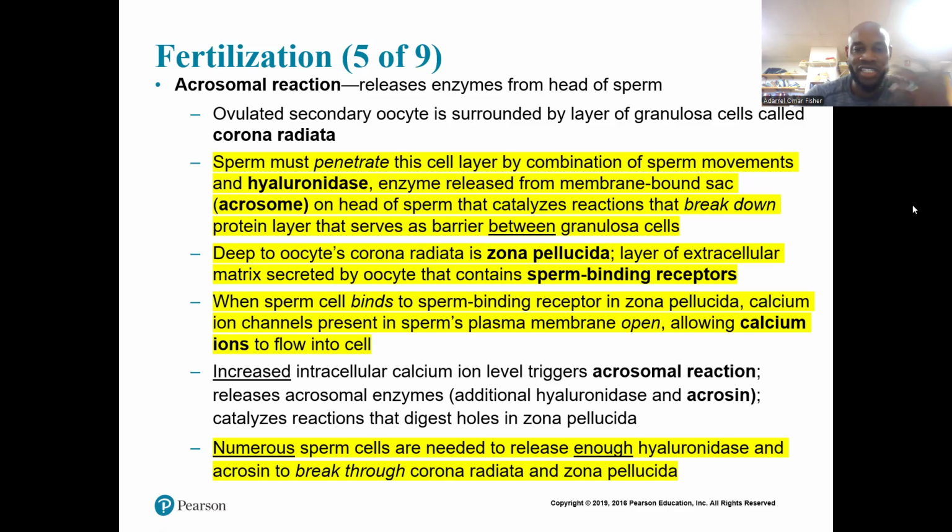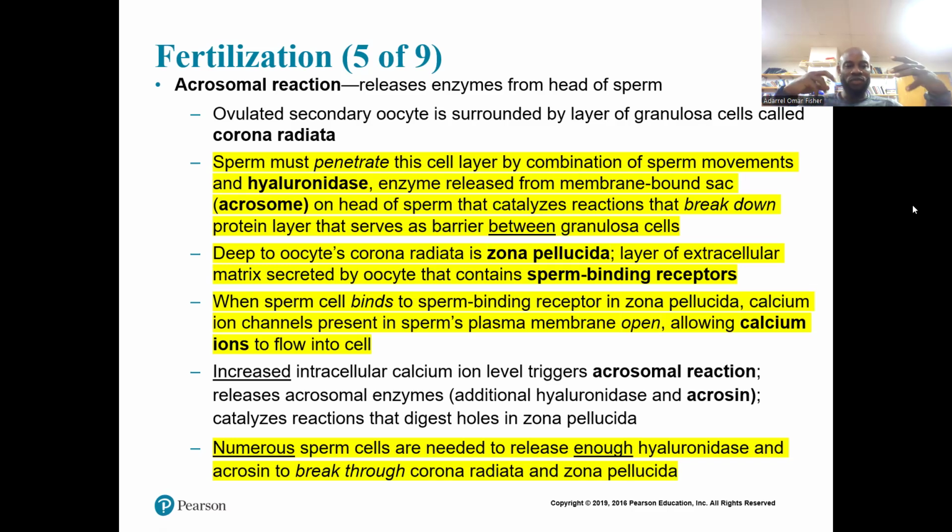Hyaluronidase enzyme is released from the membrane-bound sac. The head of the sperm catalyzes this reaction and breaks down the protein layer that serves as the barrier between granulosa cells. So think of it as, trying to put this in a respectful way, the sperm has to sort of break down the walls of the egg so that they can combine.